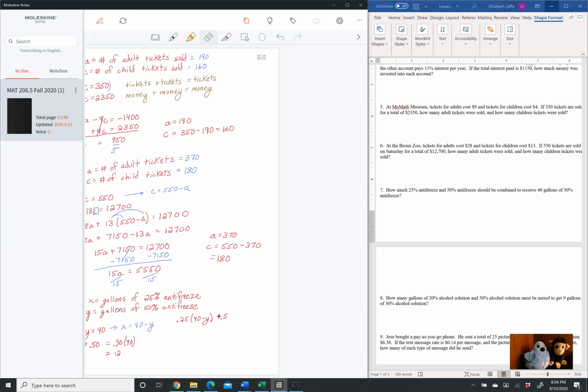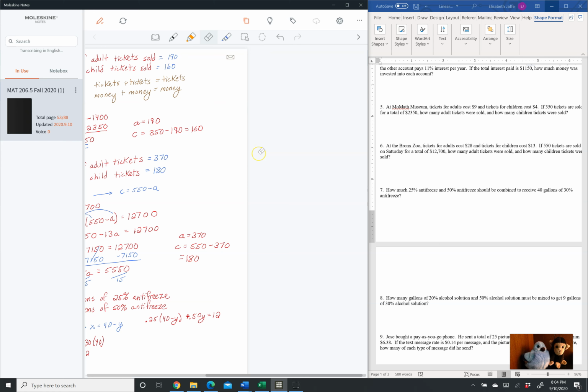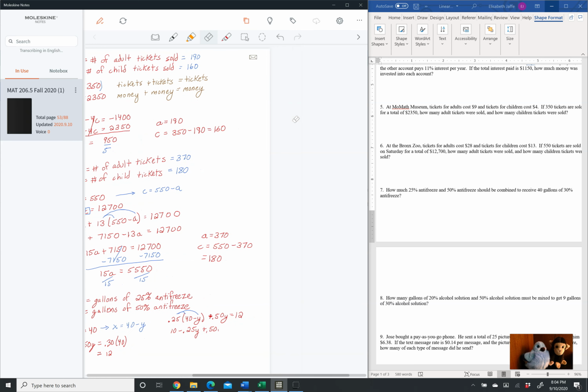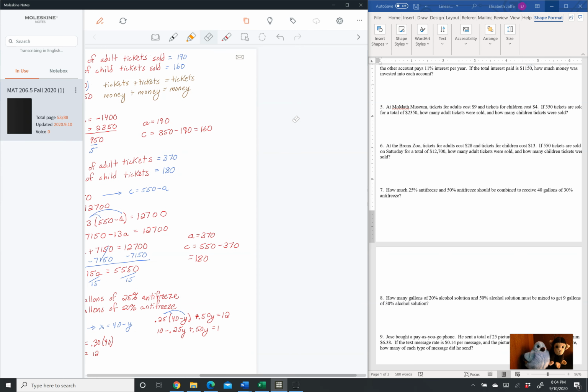Notice it's always the same process. It gets a little tiring, right? But it's always the same, which makes this really simple. So 0.25 times 40 is 10. Negative 0.25y plus 0.5y gives us plus 0.25y.